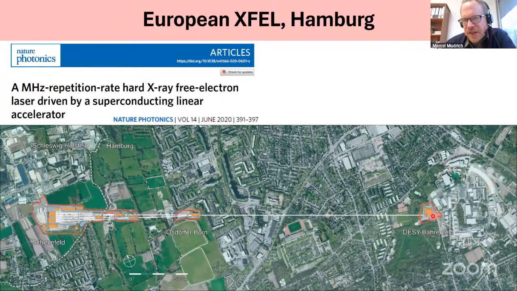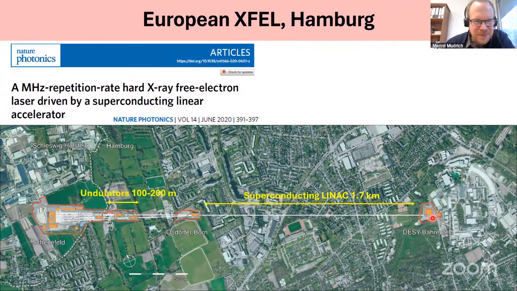So this is DESY campus, but then the whole free electron laser stretches a distance of 1.7 plus many hundreds meters. So I think in total 3.5 kilometers, going actually across the border from the federal state of Hamburg into Schleswig-Holstein.